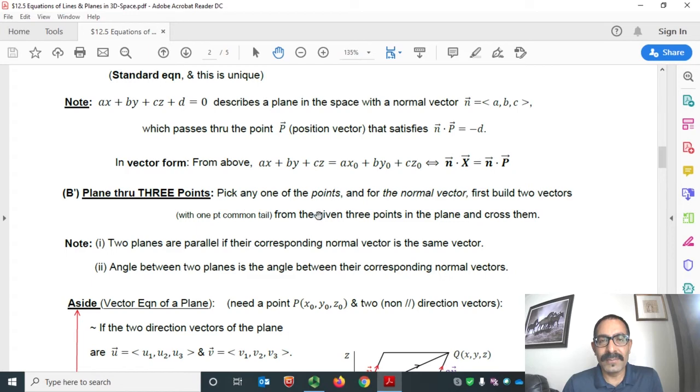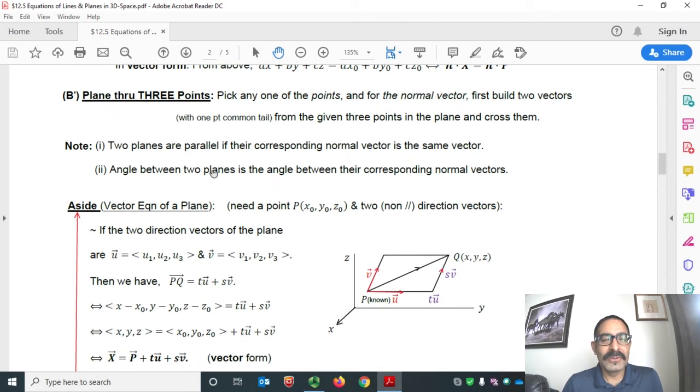Pick any point out of these three points and find the two vectors with that point as the common tail. Then cross these two vectors, and the cross product of those two vectors is the normal vector to the plane. We use that normal vector to find the equation of our plane. So that's the idea. I hope this makes sense to you all.